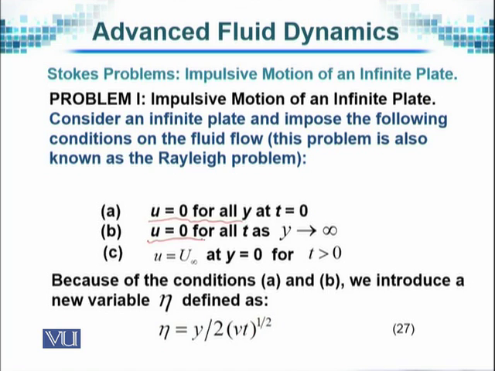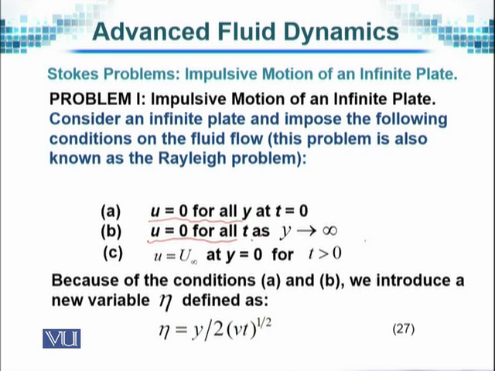u is 0 for all values of t as y tends to infinity. So as y increases to infinity, that is, as we take the distance away from the plate, u again takes the value 0, for all times t greater than 0.